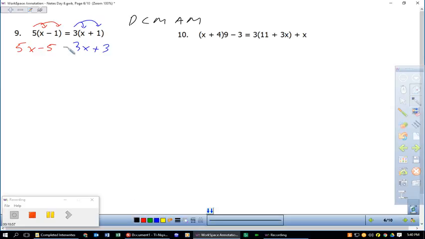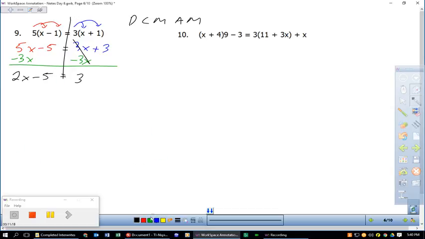I'm going to go ahead and put my equal sign, draw a line down the middle. Can't combine like terms over here or over here. So move variables. We're going to subtract 3x from both sides, both of the x terms. 0 pair, we get a 3. That's 2x minus 5.